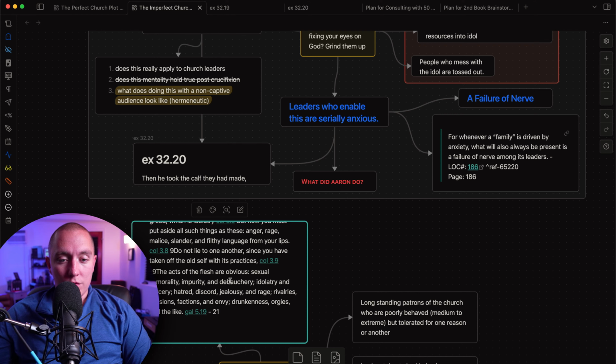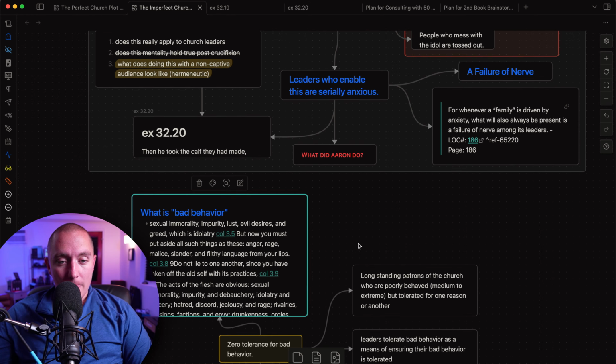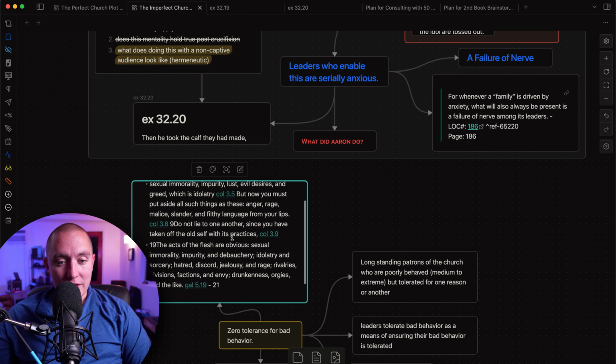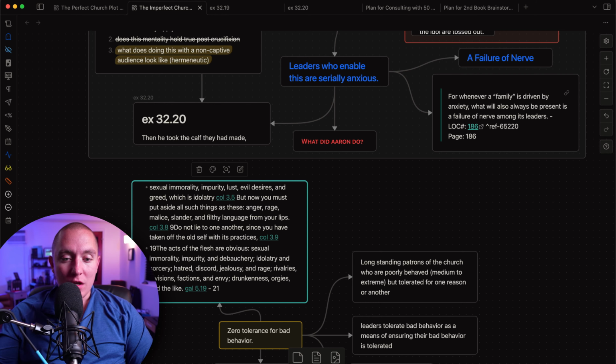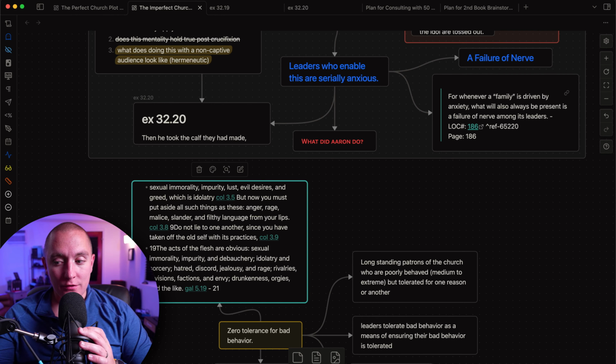So, some of these sorts of things, I would think anytime the New Testament is identifying a sin, we would call that bad behavior. And then I think there's an added realm of the bad behavior I'm referring to, typically being a bad behavior that is done both outside and inside the church.